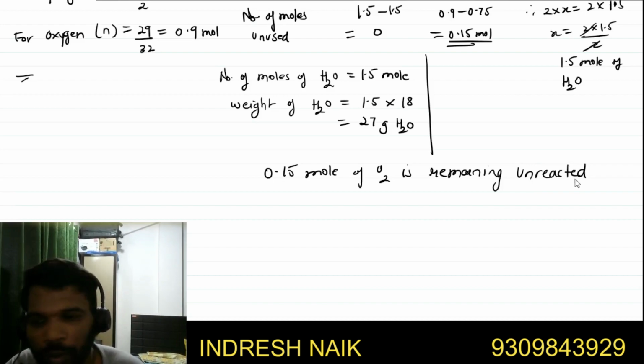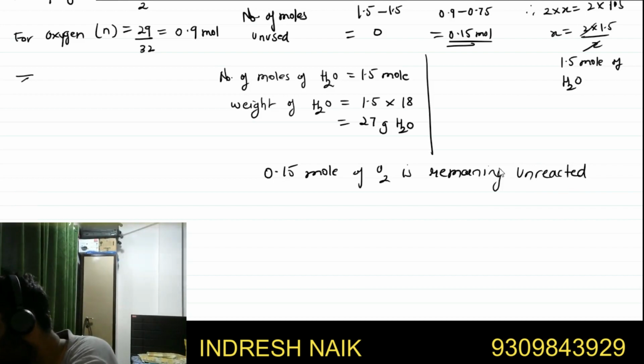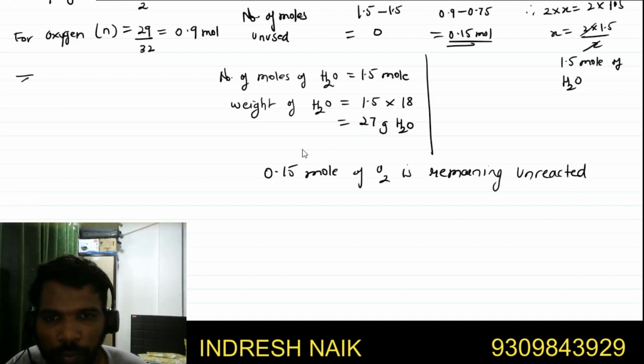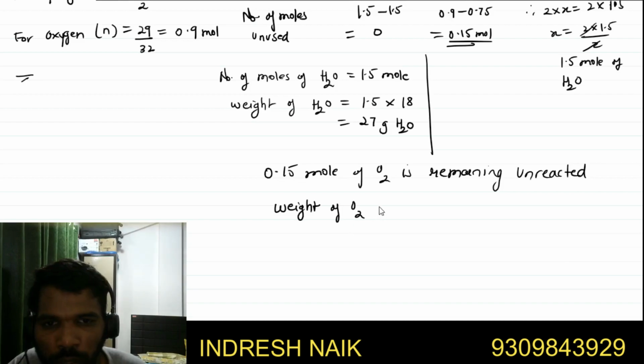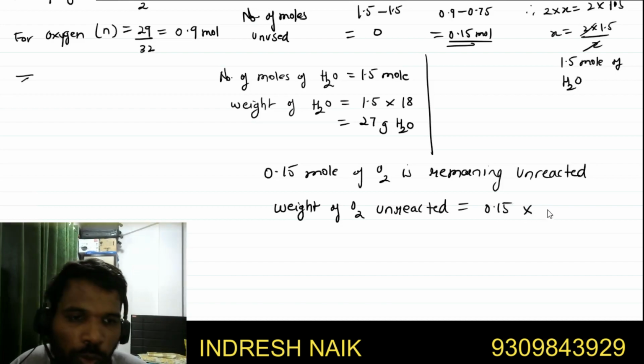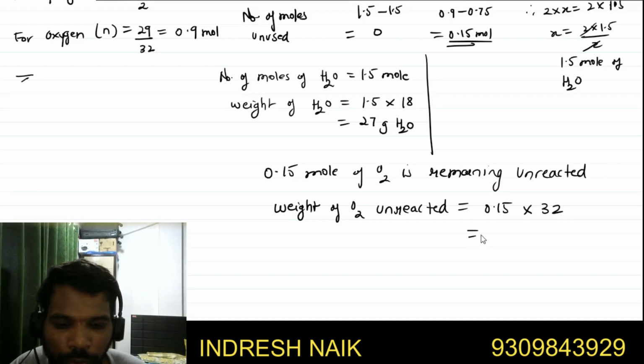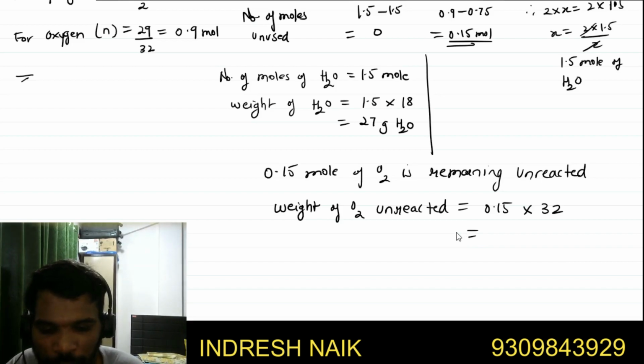Now tell me, what is the weight of O2 remaining? How will you convert moles to weight? Weight of O2 unreacted is 0.15 into oxygen's molar mass, 32, right? 0.15 multiplied by 32, so 4.8 grams is remaining unreacted.